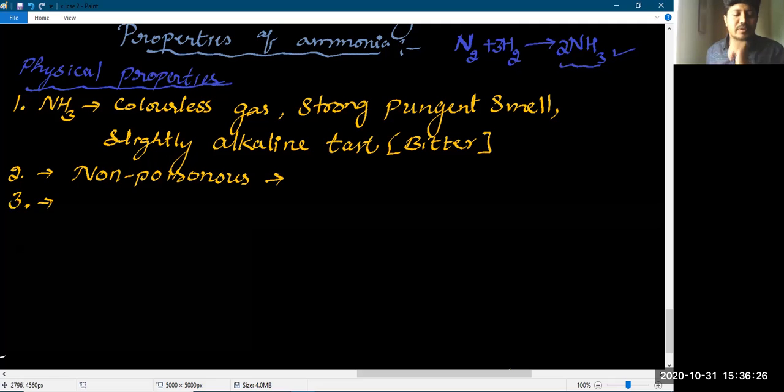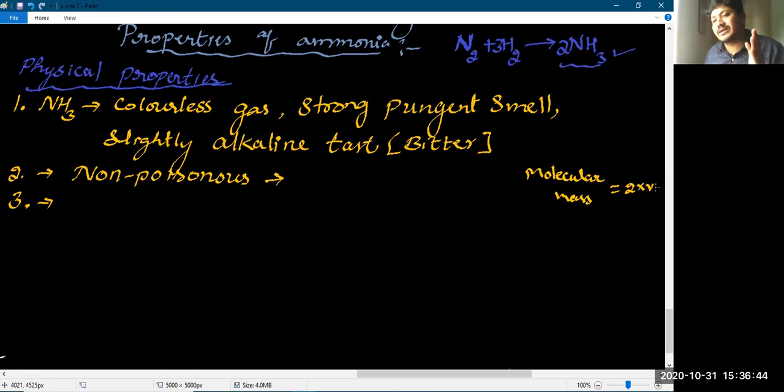Then what is the third property of ammonia? The density of ammonia. You have learned how to test the densities of gases. There is a relation between the molecular mass of the gas and vapor density: molecular mass divided by 2 is the vapor density.